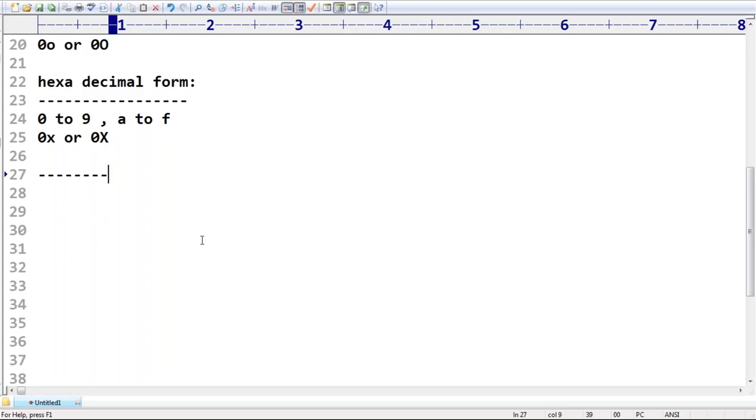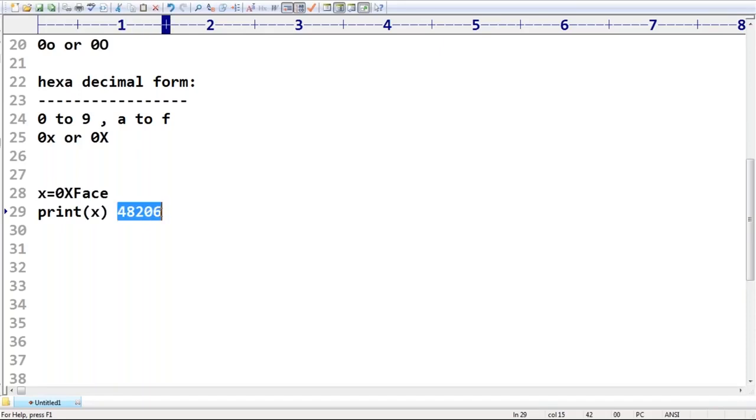Suppose I take x is equal to 0xFACE. If I print x, what answer will you get by default? You will get something like 64,206.